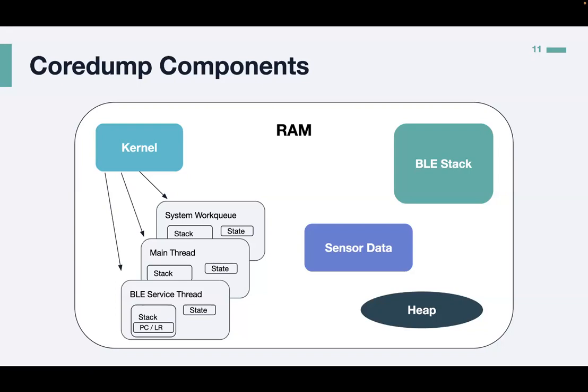Other data that we can capture could be data around your communication stack, like a BLE stack. You could capture your sensor data, maybe that's particularly important for your device. You could be using some sort of FIFO buffer, and you're trying to look into issues that cause crashes when you're processing this FIFO data. You could also capture information on your heap so that you understand how your memory is being managed as your device is running.